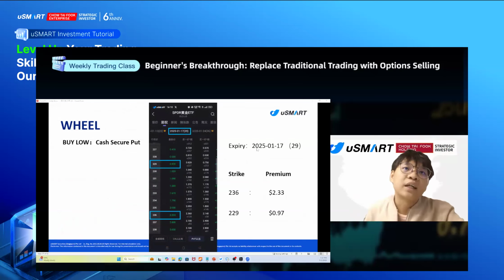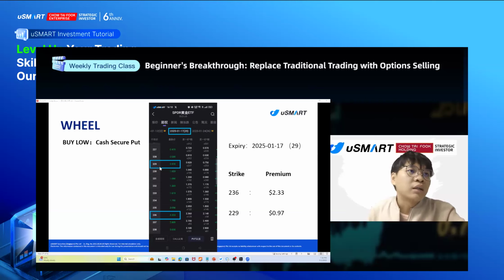You can see the expiration here is January 17th, 2025, and there are still 29 days until expiration. The number in the bracket is the days until expiration. I captured this on the 1st of December.